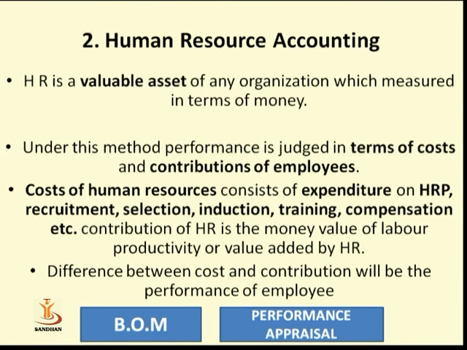Under this method, performance is judged in terms of cost and contribution of employees in the development of the organization, wherein the cost of human resource consists of expenditure on human resource planning, recruitment, selection, induction, training, compensation, etc., which leads to the contribution of human resource, the money value of labor productivity or value added by human resource, that is employees. The difference between cost and contribution will be the performance of the employee.